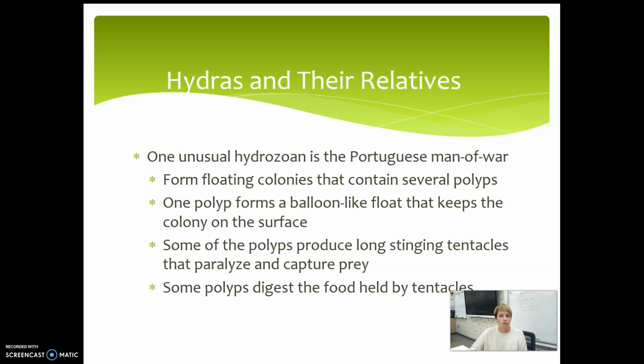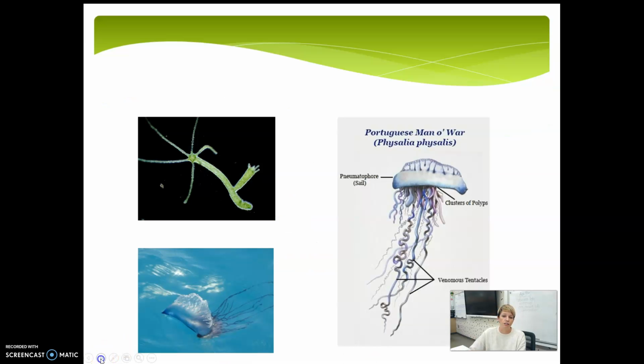And so again, I can't stress enough, that division of labor is so important for their survival. So it's the job of one of the polyps to form that floating sac, and then it's the job of another polyp to form the tentacles. So some of them are going to defend, some of them are going to reproduce, some of them are going to capture food, and so each different polyp has a specific function for that particular colony.